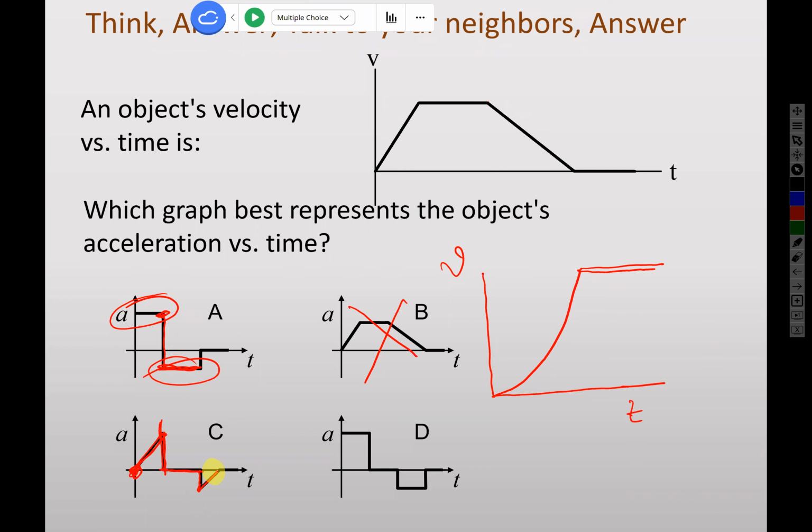Acceleration is not increasing but decreasing. So when it was increasing, it was like this. When it's decreasing, it goes like that, okay? So it has to be sloping down, and it's gonna be a little tough, so we have to have something like this. And then when acceleration becomes 0, it goes flat again, okay?